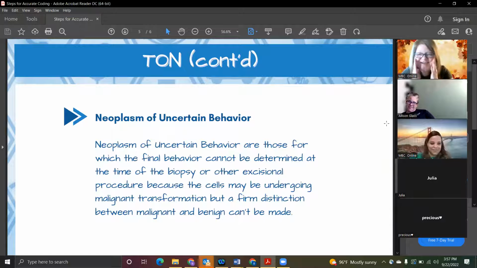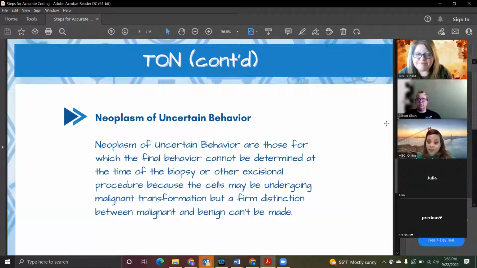I will. Neoplasm of uncertain behavior are those for which the final behavior cannot be determined at the time of the biopsy or other incisional procedure, because the cell may be undergoing malignant transformation, but a firm distinction between malignant and benign cannot be made at this time.